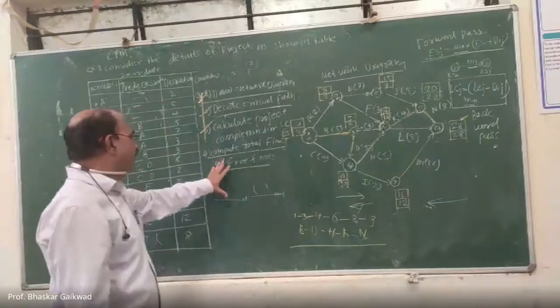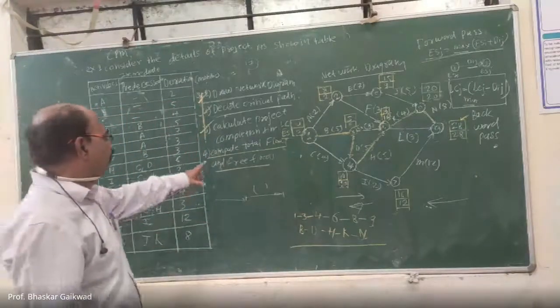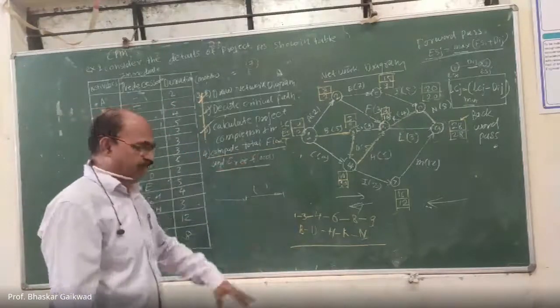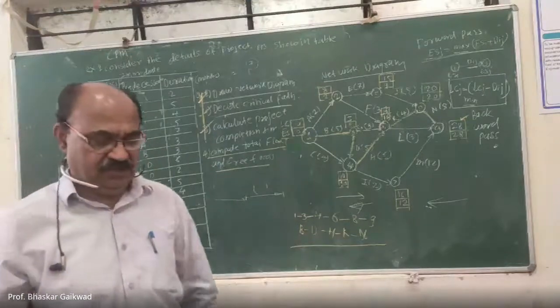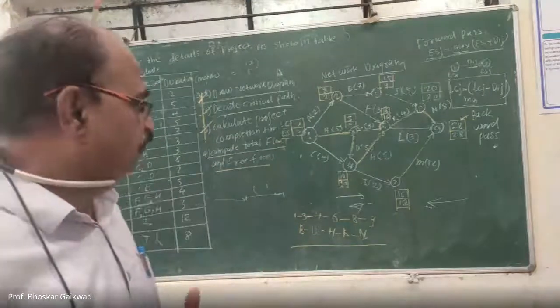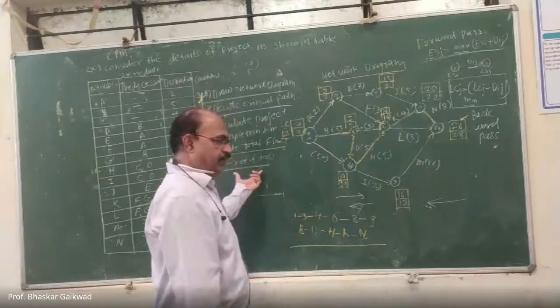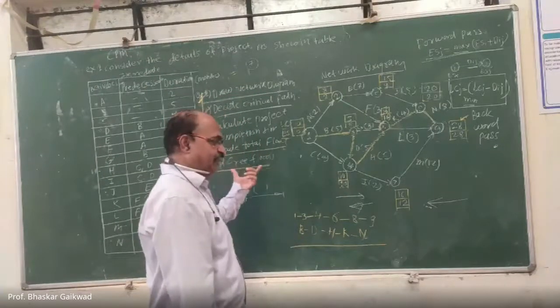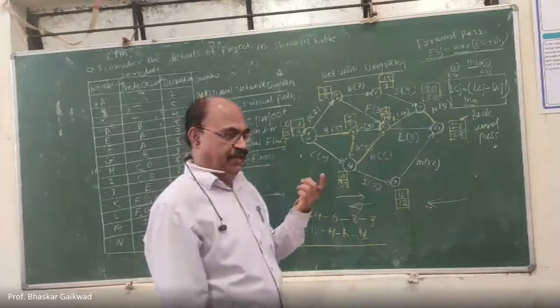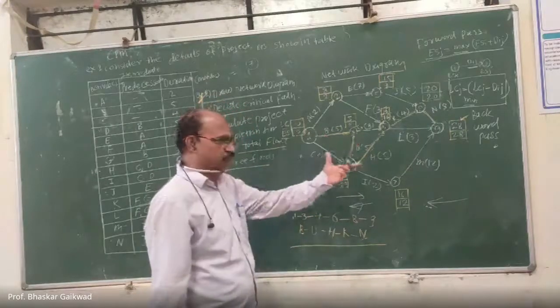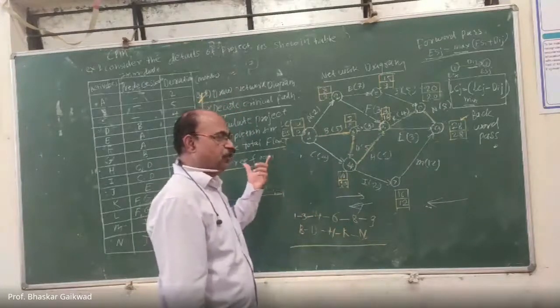Now, the last part is to compute the total floats and free floats. So what is float? Float means the time delay that an activity is expected to have without affecting the project time. That is called float.